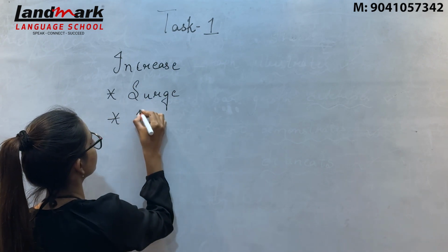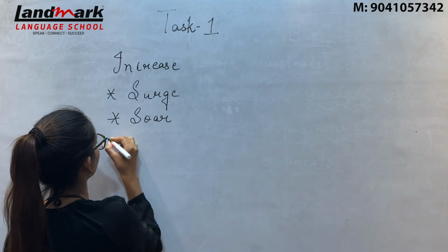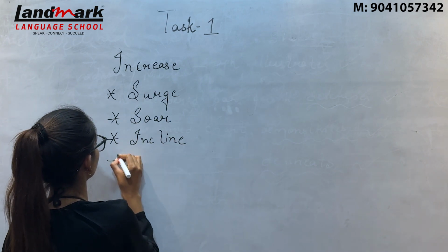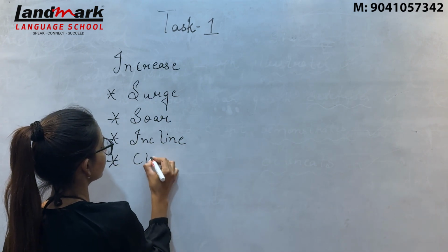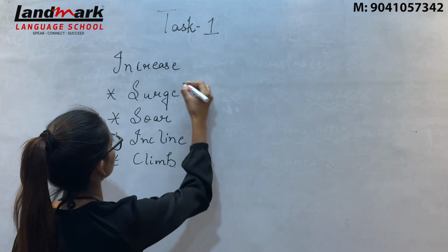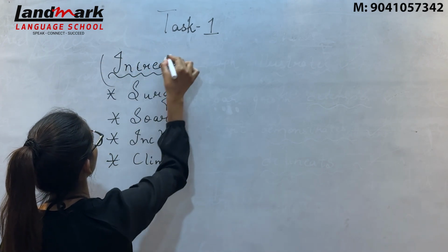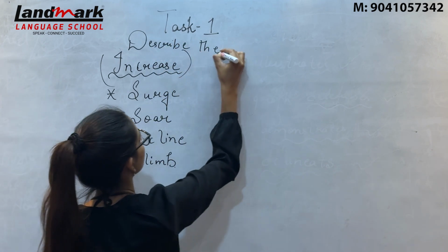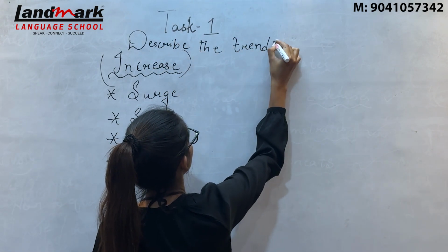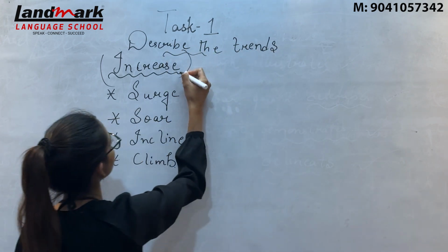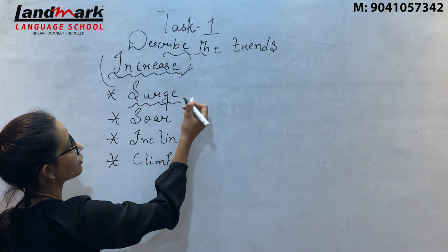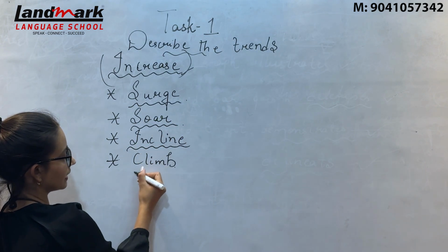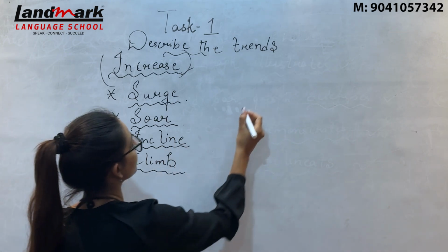We can also use soar, incline, and climb when we have to describe the trends. So if the percentage is increasing, you can write there was a surge of 5%. You can also write soar, incline, and climb.